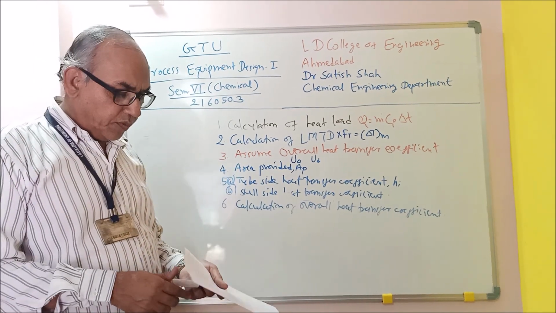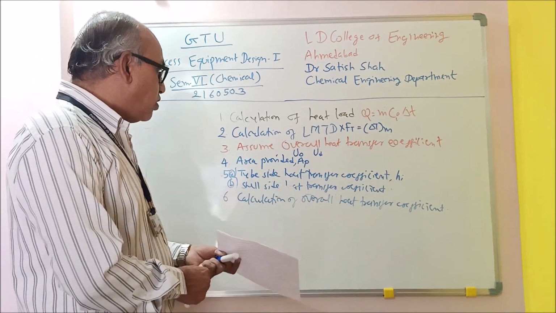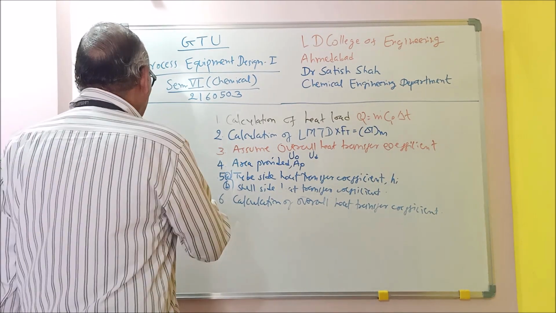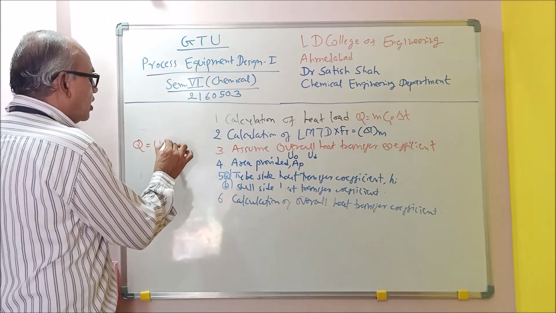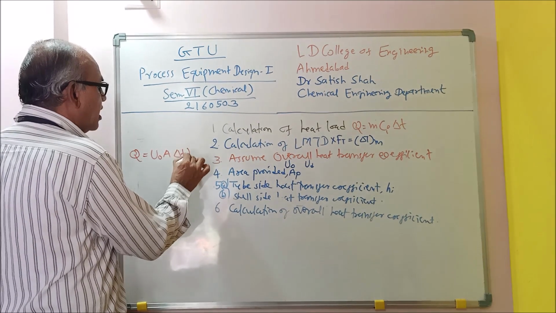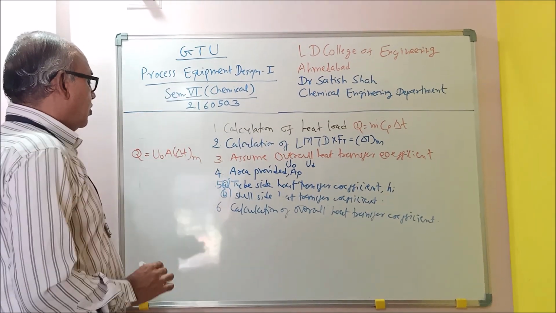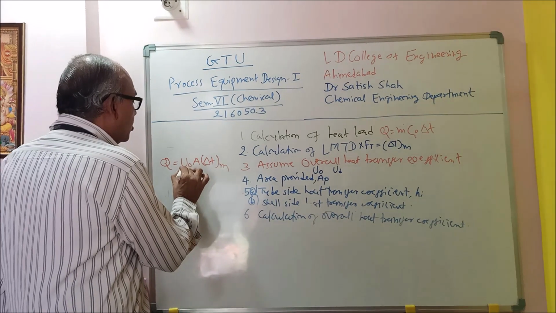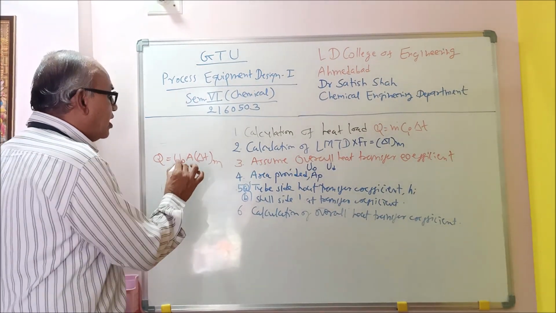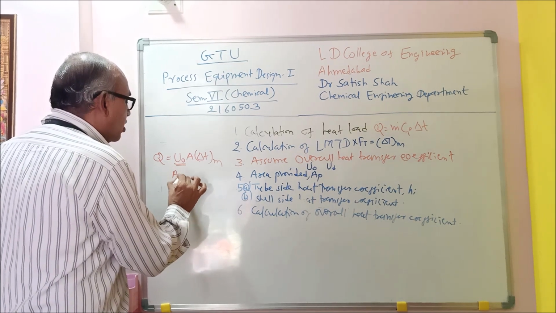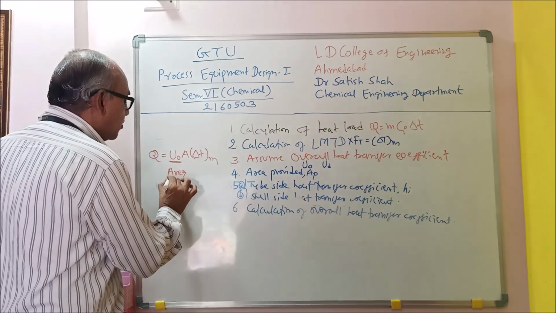Once the overall heat transfer coefficient is known to you, you can use the same formula, that is Q is equal to U A delta T M. But here, this is now the calculated value of UO. So whatever area you get is known as the area required.